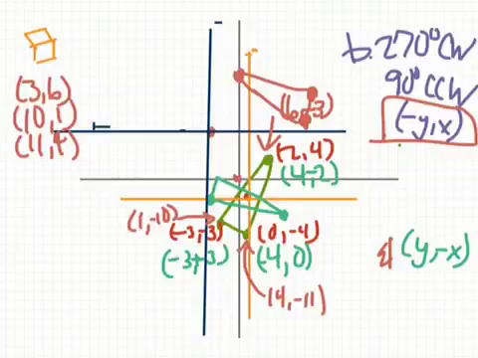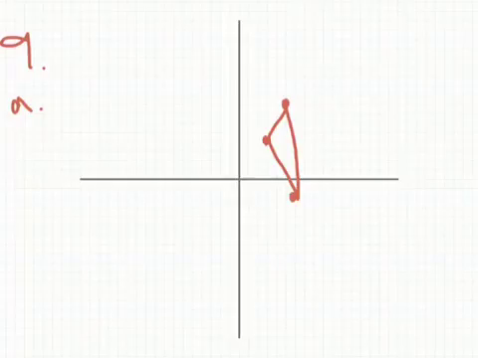Okay, moving on to number 9. Number 9, let me set it up real quick. Okay, dilate part A. This triangle, by 1/2, half as big, about the point negative 5, negative 7. 1, 2, 3, 4, 5, 6, 7, down here.